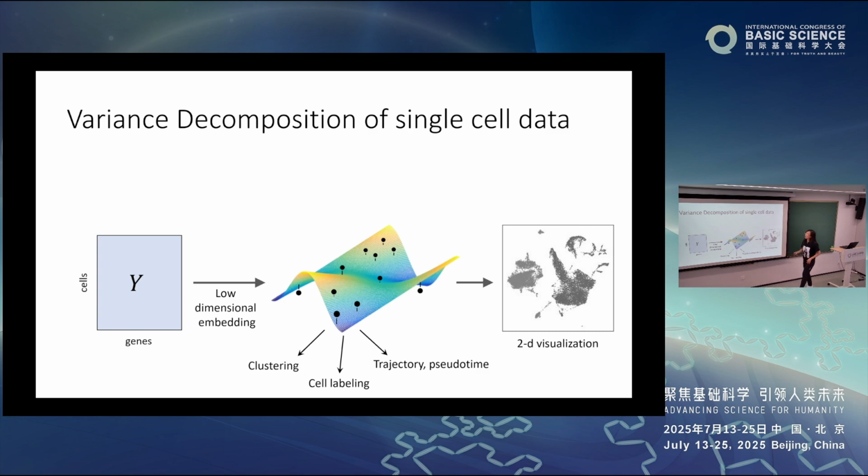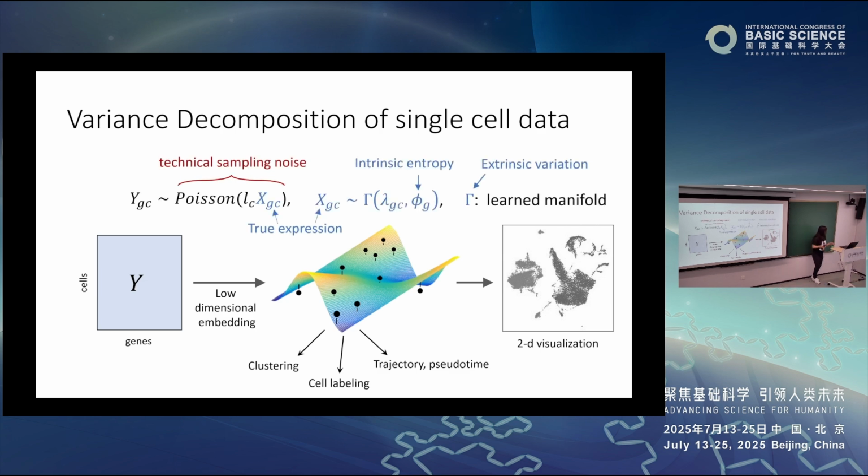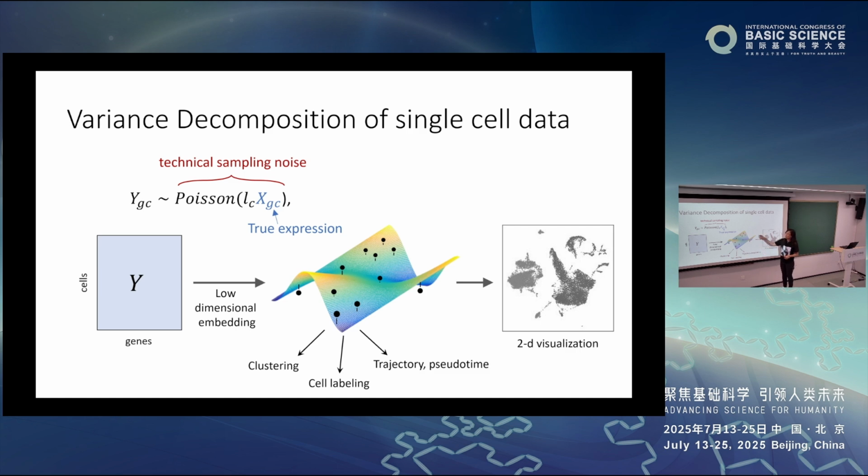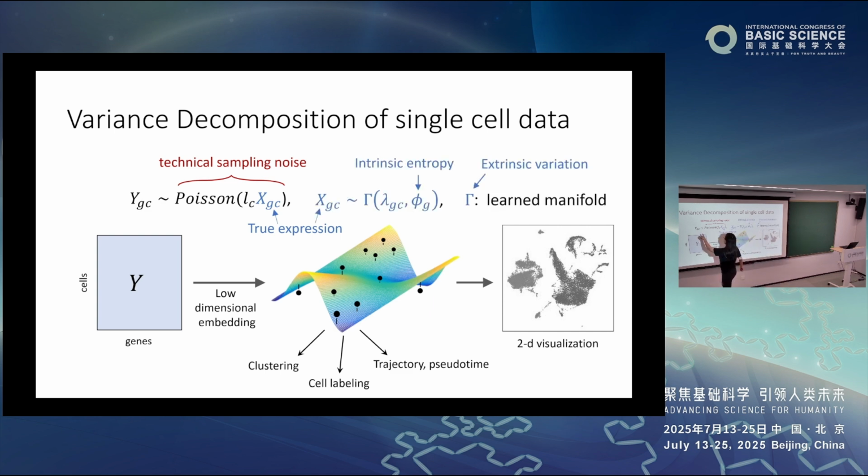What SAVOR does is it models the data through a hierarchical model. So YGC is your observed data.